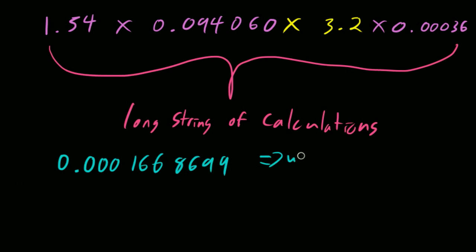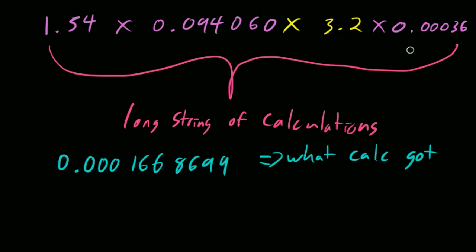This is what the calculator got. And so now we have to figure out how many significant figures to report this to. And remember, we've got all multiplication. And even if we had a division in here, we could use this rule too. But the nice thing about when we've got just this long string of multiplication is that all we have to do is find the least number of significant figures.